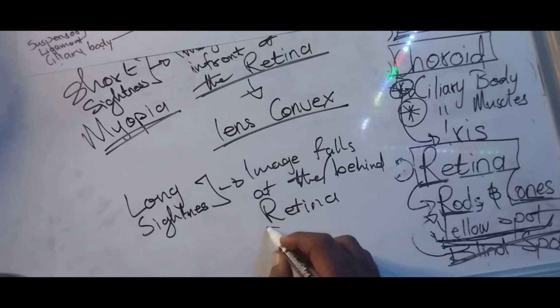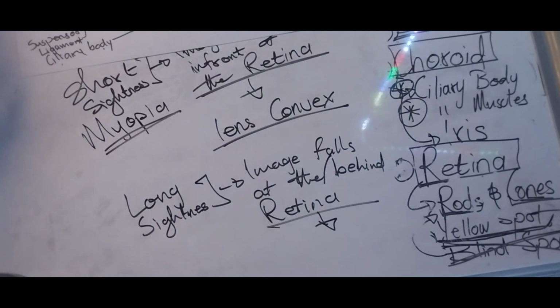How do we correct this? Simply give this person what type of lens? A concave lens. Done.